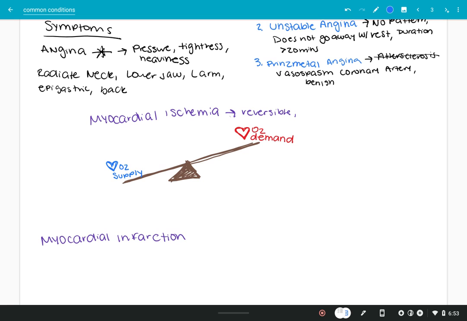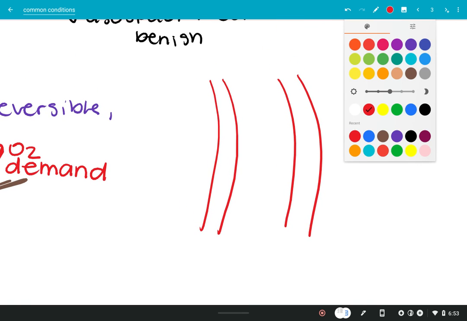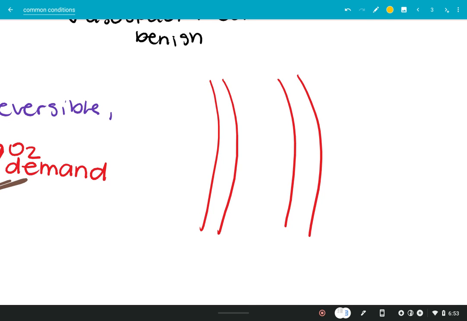So let's pretend that this is one of the coronary arteries, right? So I'll draw two of them. These are coronary arteries. We'll zoom in there. Those are coronary arteries, okay? And let's draw a little plaque in there.